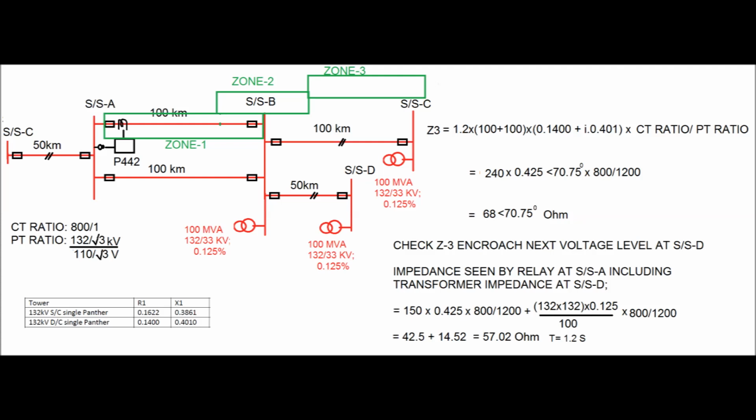The sum of the line impedance and the transformer impedance in terms of secondary value comes as 57.02 ohm.